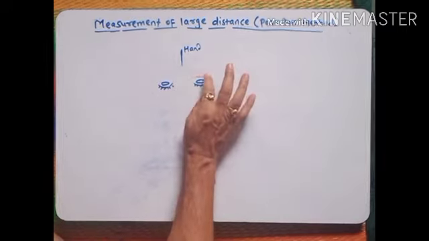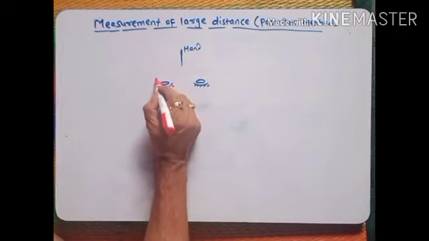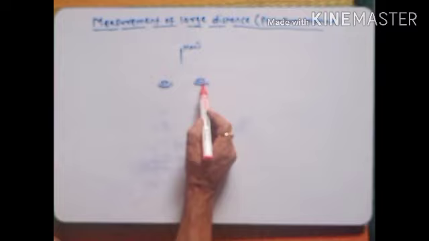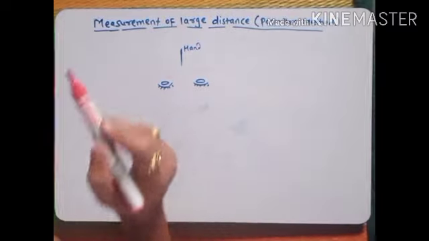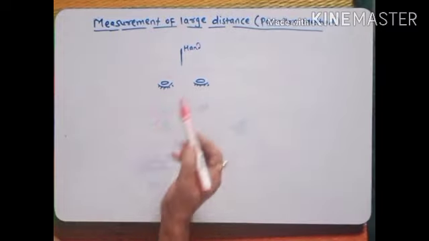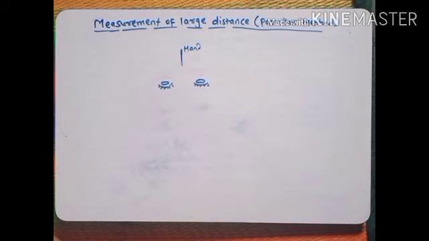Now we open this eye and close the other, and view through this eye. Then we see that the position of our hand slightly changes.